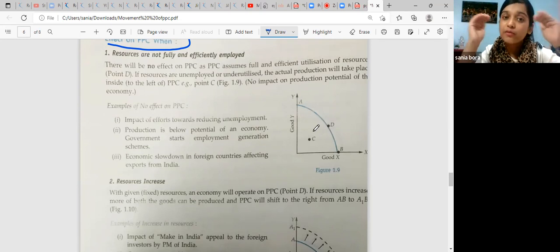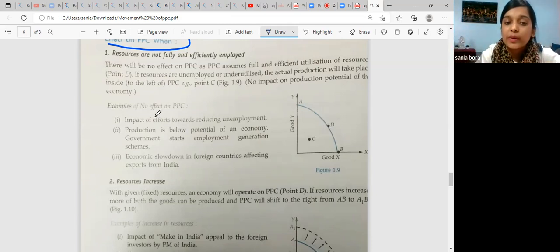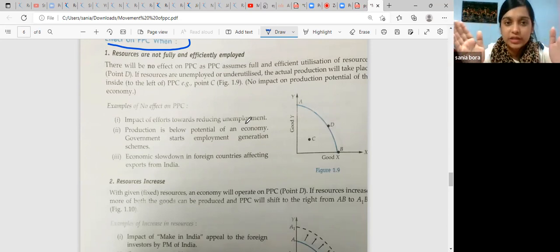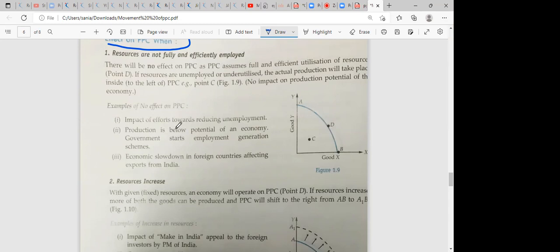But if you have unemployment and you do nothing to improve the status, that is going to be somewhere downward. Over here, reducing unemployment means you are already in a problem and you are correcting it. So no change will be there, because you have to remember three things. Are your resources increasing? No. Is your technology increasing? No. So it is going to be no change. Clear? Yes, ma'am.